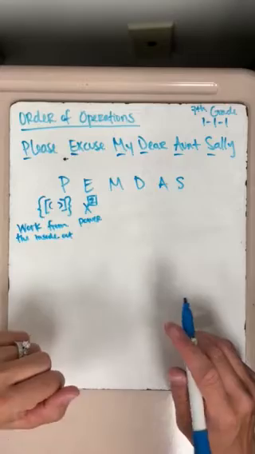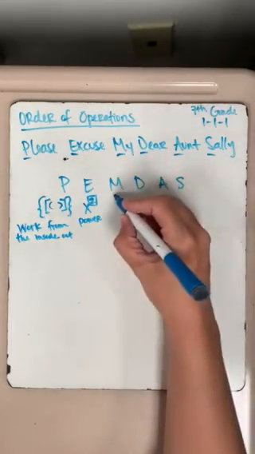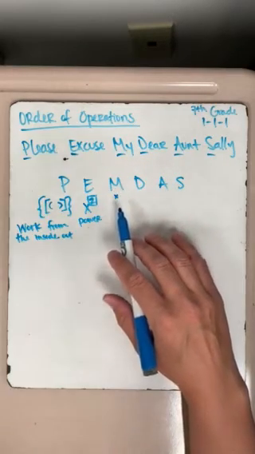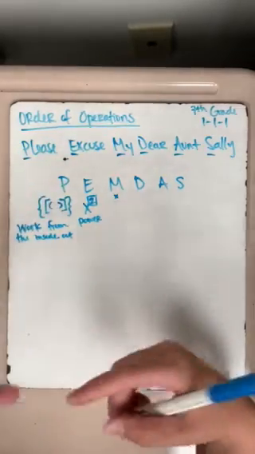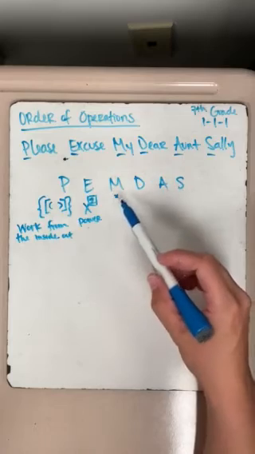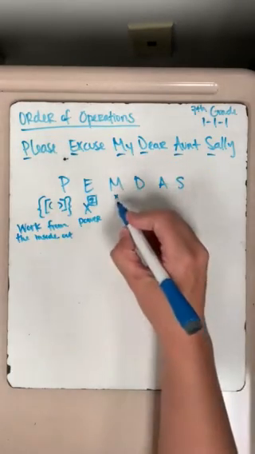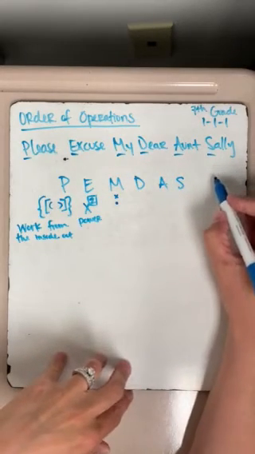That's your exponents. Now, M stands for multiplication, and you guys have been seeing multiplication with an X a lot. We're actually going to get away from it because X will turn into a variable. It'll turn into our unknown. And so because of that, we no longer use X. We try and use a dot. So in between two numbers, I'm going to show you an example right over here.